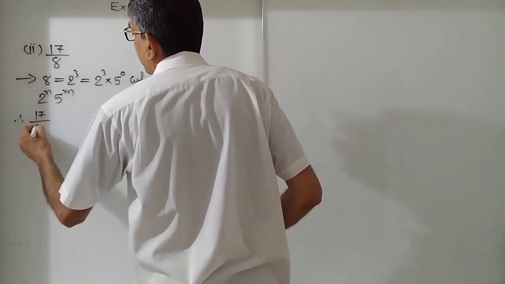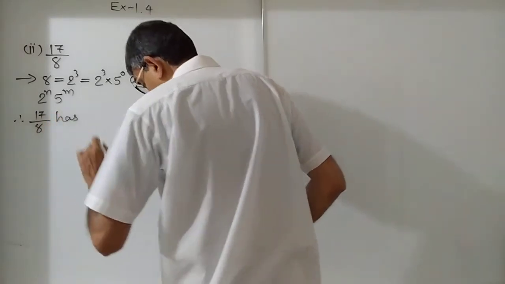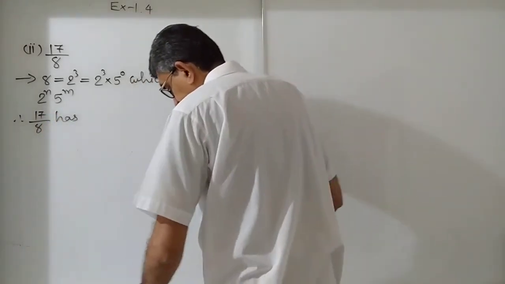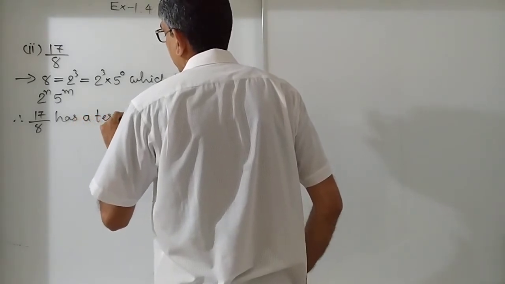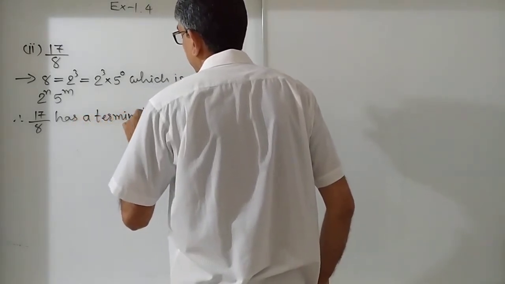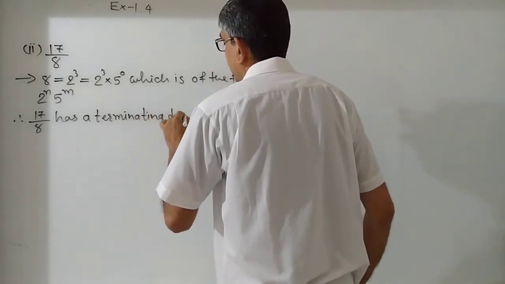Therefore, 17 upon 8 has a terminating decimal expansion.